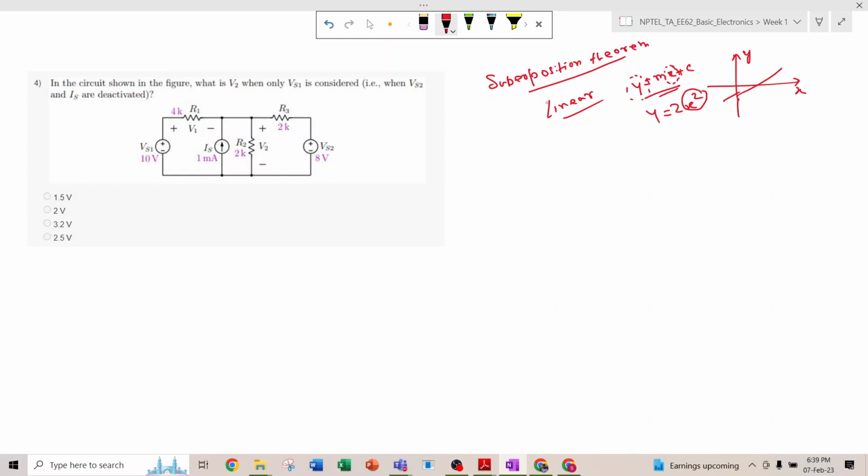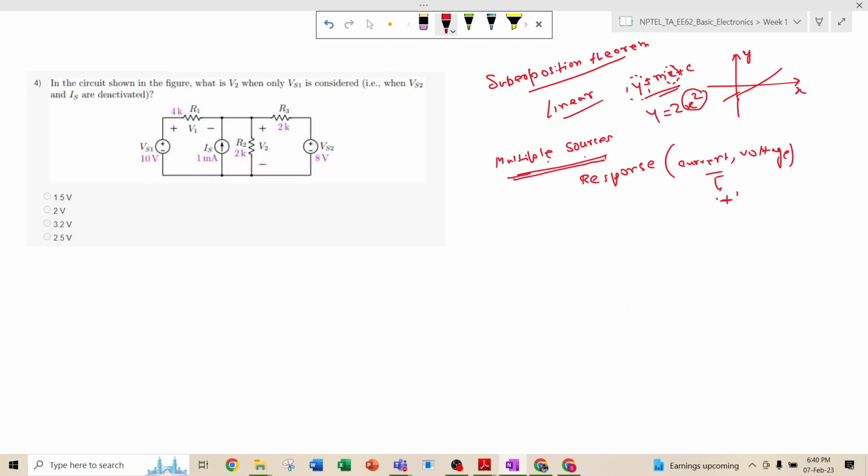The superposition theorem states that if we have multiple sources, and we find any response, in terms of current or voltage, such as the current through a particular circuit element or the voltage across it, that will be the summation of the responses considering the individual sources.